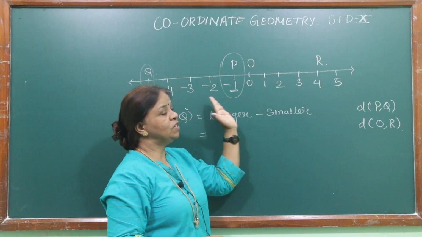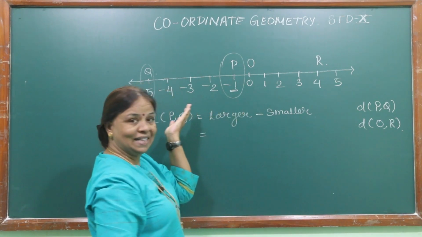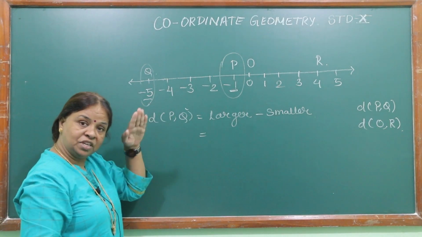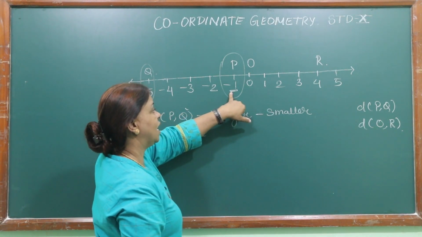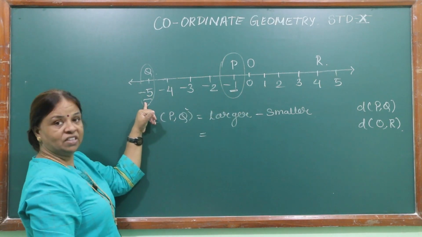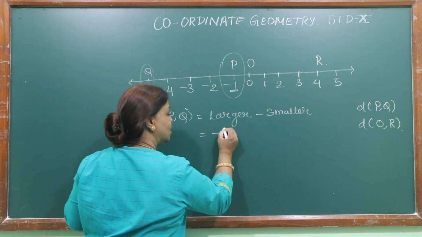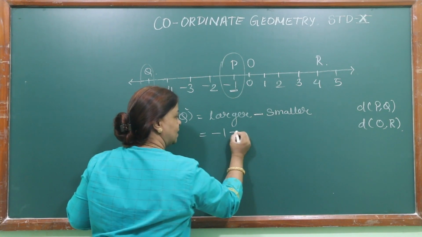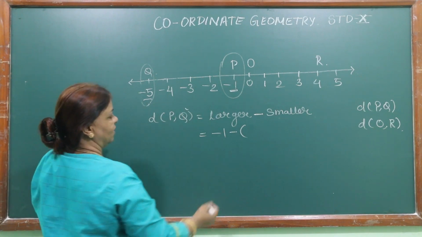The numbers towards the right have larger value, and if you move towards the left along the number line, the value decreases. So here -1 is the larger value and -5 is the smaller value. So your larger value will be -1, then the sign minus, and the smaller coordinate, -5.